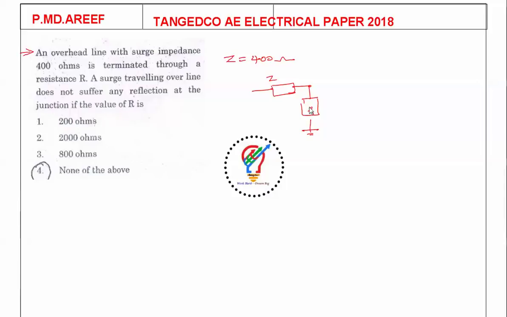This is a simple formula. If you want no reflections, then whatever the impedance of the transmission line, the same impedance has to be terminated here. So Z is equal to R, which is 400 ohms, meaning there is nothing to discuss about reflections. Among the options, the answer is 400 ohms, which is none of the above.